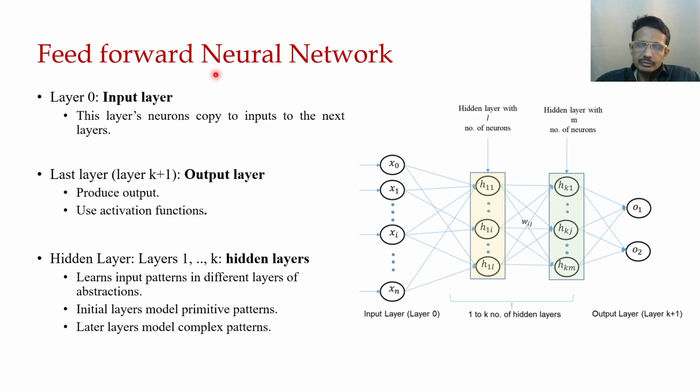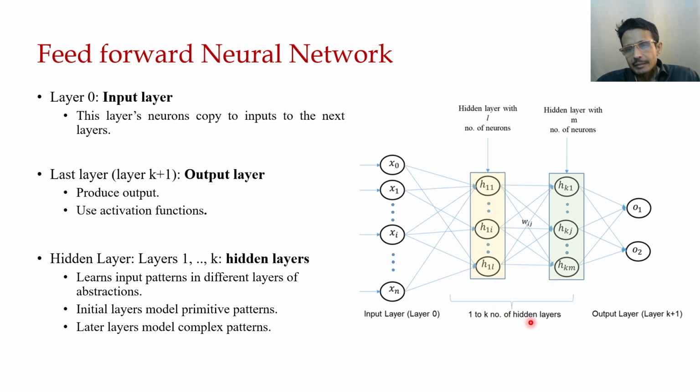But before that, we have to understand what these layers are actually doing. In this example, these are the input layers, x1 to xn, and for understanding, this is the bias term x0. And there is a total of k hidden layers.